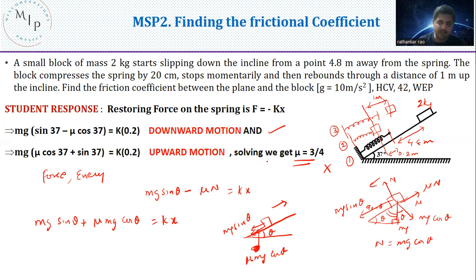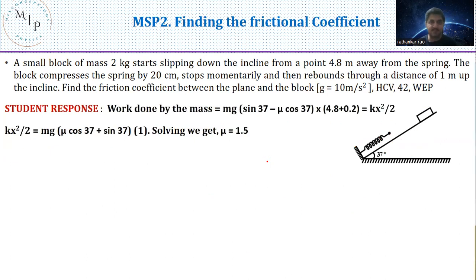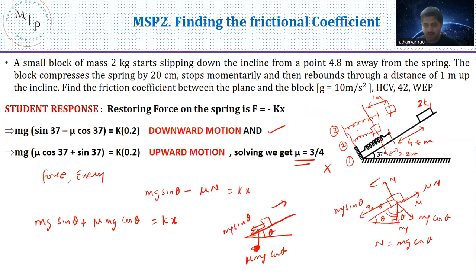Now let us work on that. I have already worked it out here. So the answer, just a moment, there's something wrong. Let me rectify this so that I don't give you incorrect values.